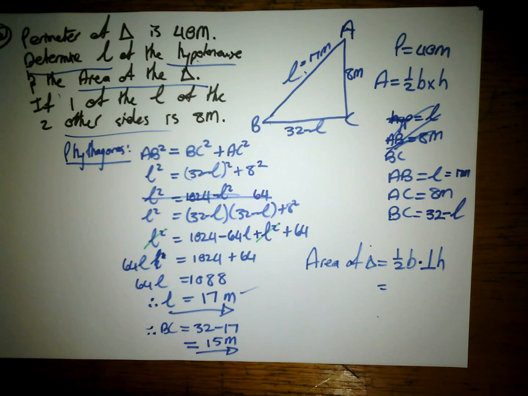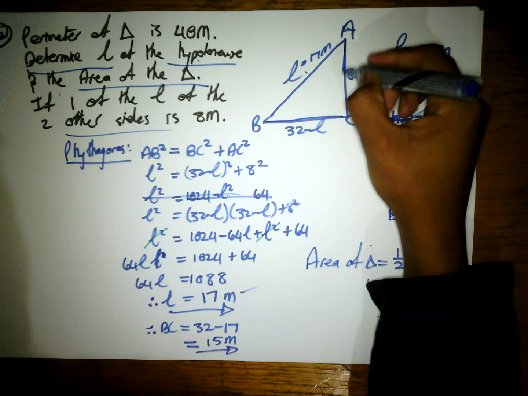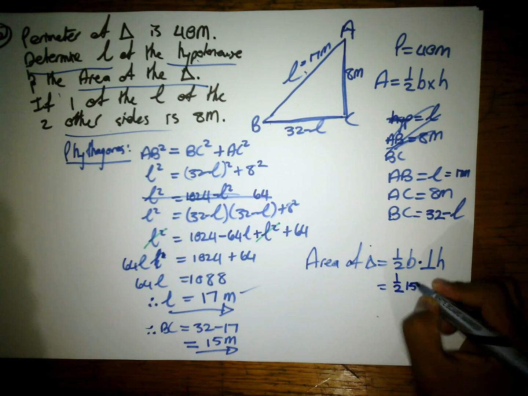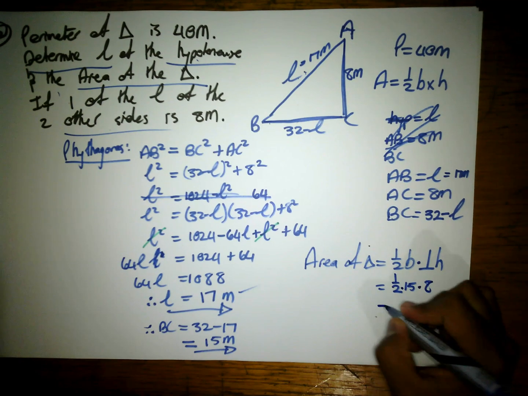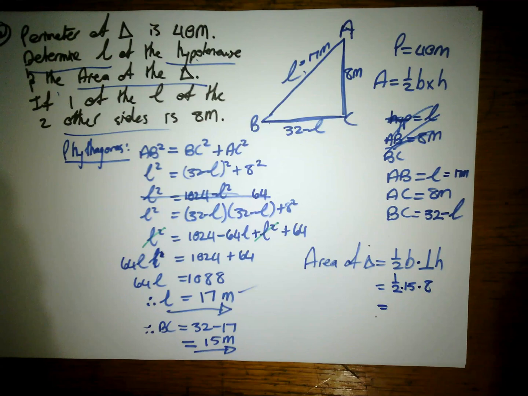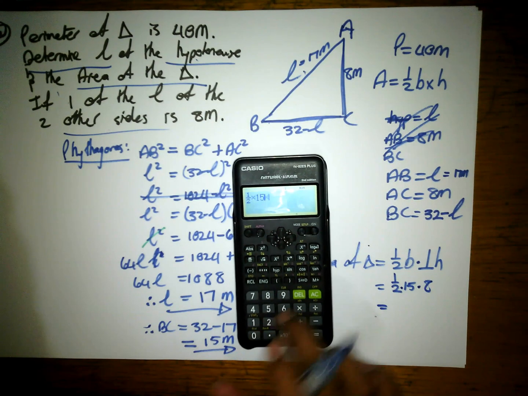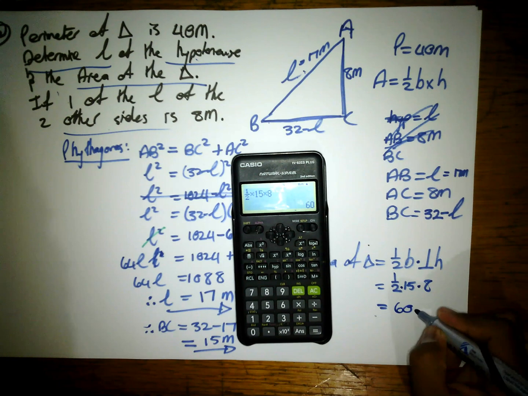So it is half base times the height. So half times 15 times 8 equals 60 meters.